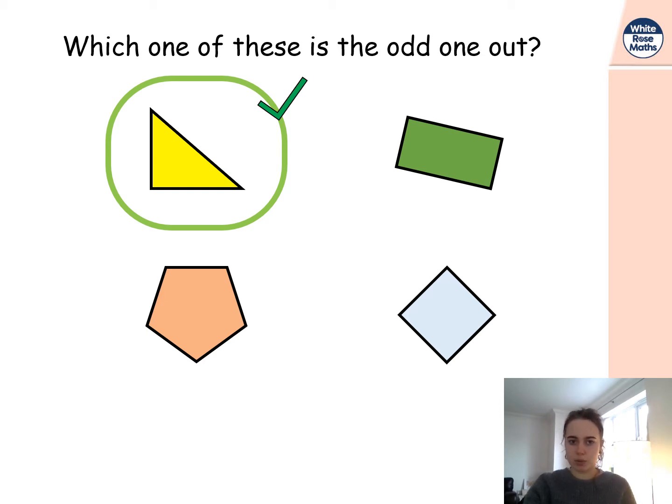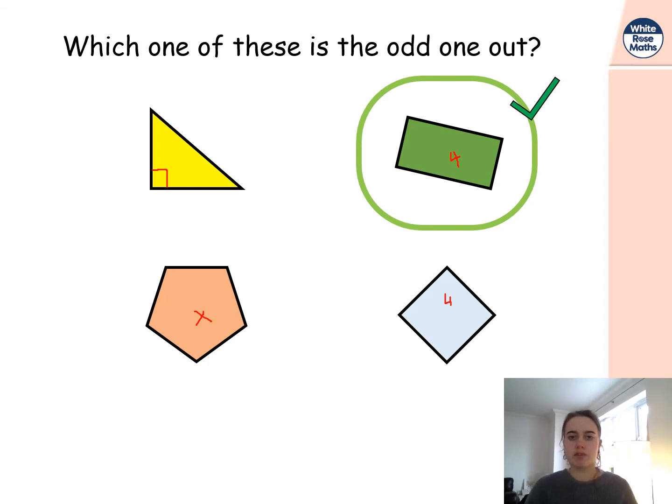It's the odd one out because it's only got three sides. All the other shapes have four or five, whereas this one has only got three. It's also only got one right angle. So you can see here, one right angle. This one doesn't have any. This one has four, and this one also has four right angles.